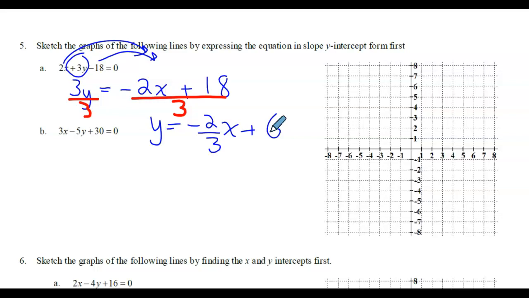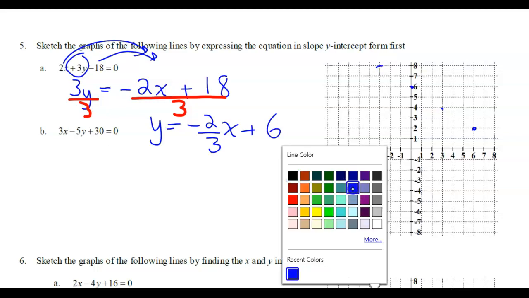Okay, so now we know how to graph that. We know the y-intercept is 6, and the slope is negative 2/3. So down 2 to the right 3, down 2 to the right 3, or up 2 to the left 3. Okay, and I'm going to do a line in blue.